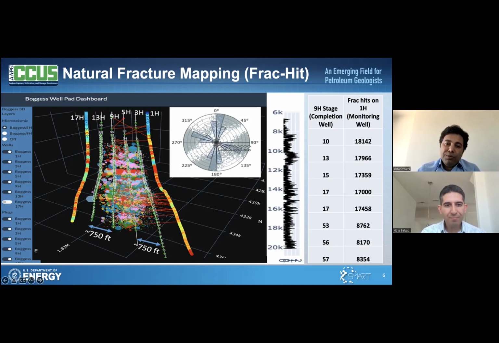So when I'm fracking stage 1, I look at my DSS information collected from 1H in that specific time, and I see, can I see any displacement? If I see any displacement, that means this fracking in this well will have some impact on well 1H.